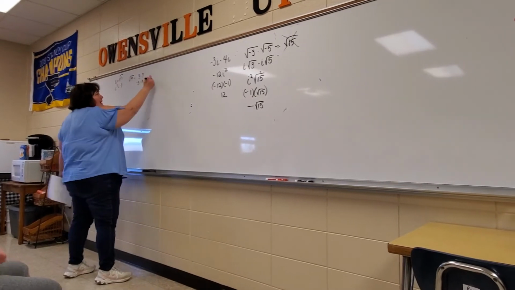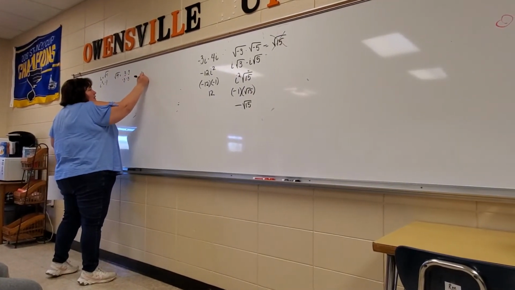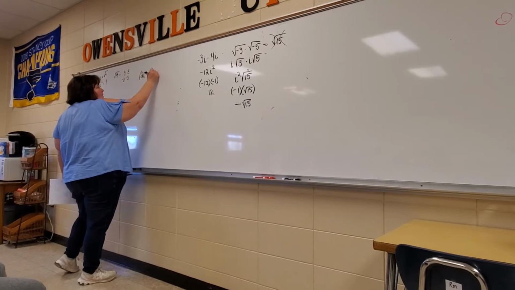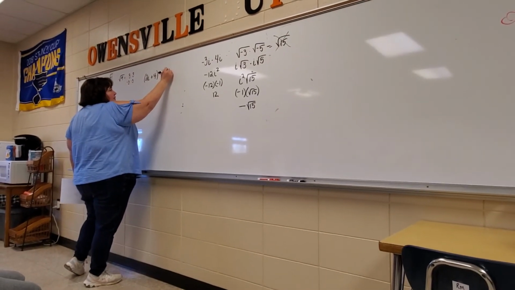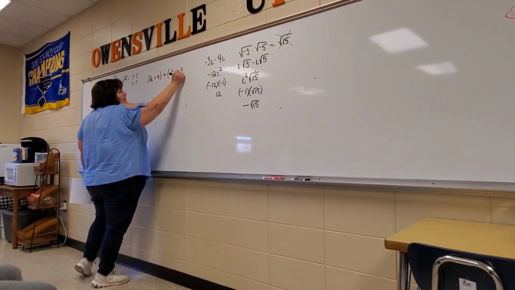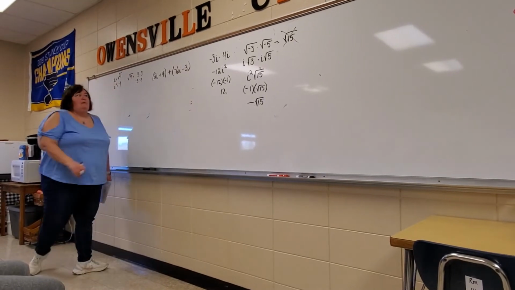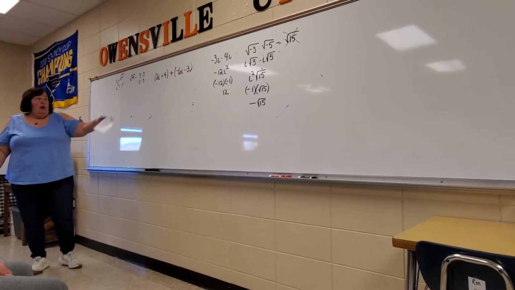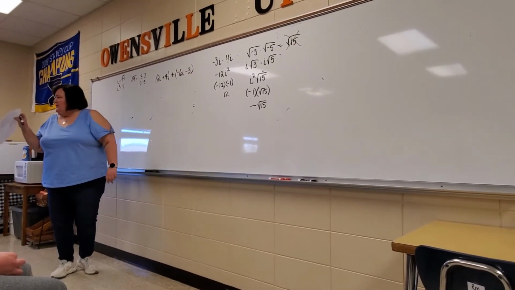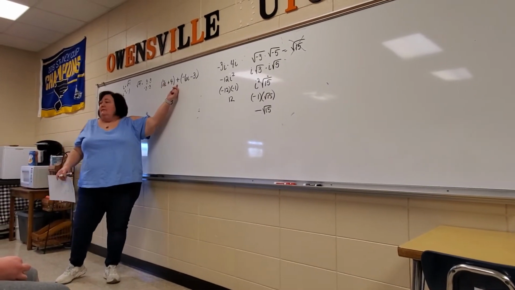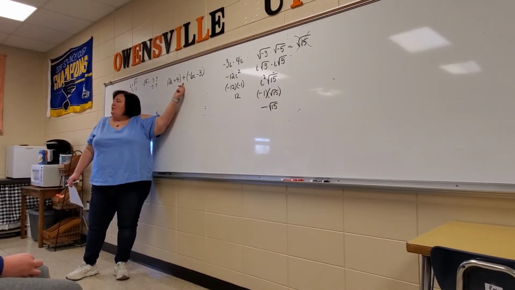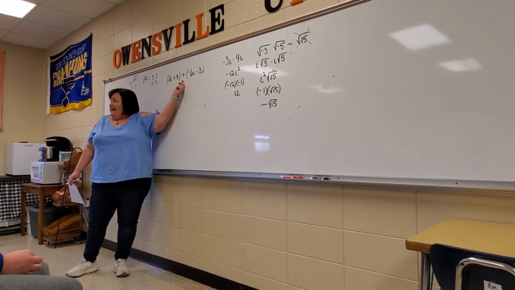Alright, so what if we have 2i plus 4 plus negative 6i minus 3? The big thing that you should see right off the bat is this plus sign. That means you're combining them, you're not multiplying, you're adding them, okay?